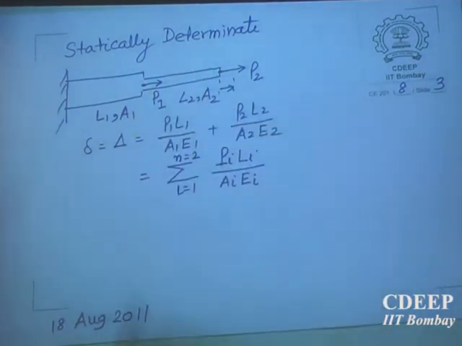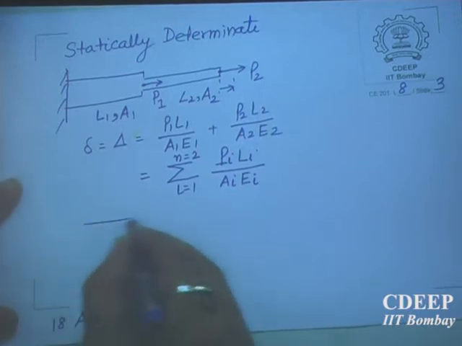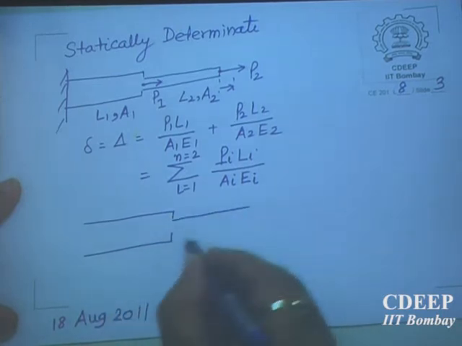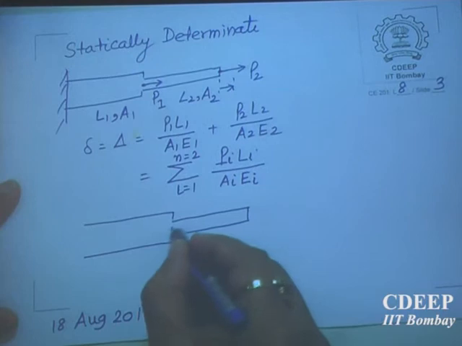But then this was statically determinate. Why was this statically determinate? See, if you draw the free body diagram, okay, who will answer this? Why is it statically determinate?